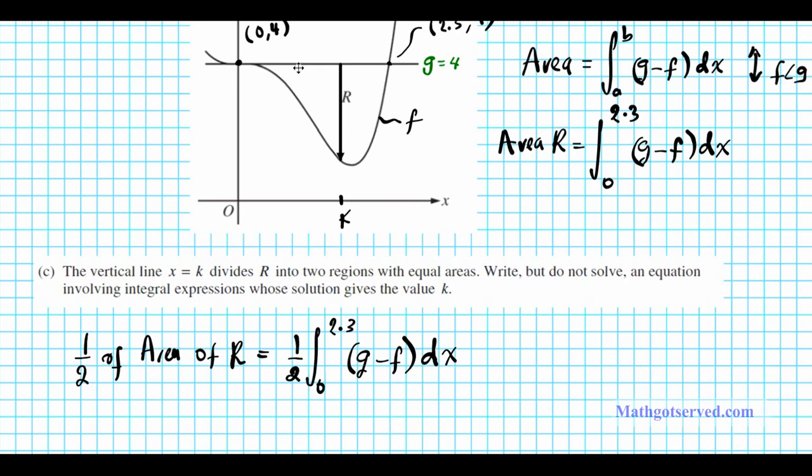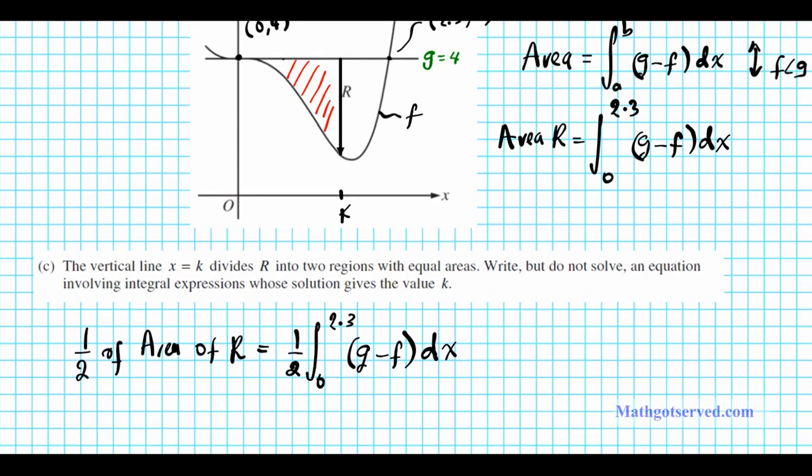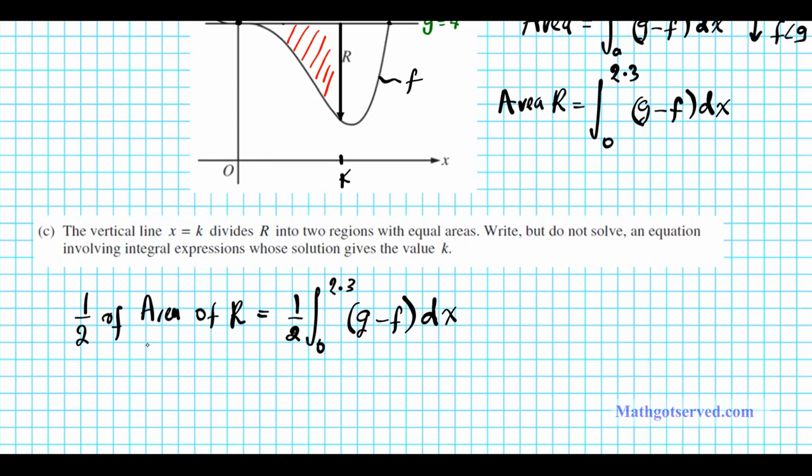Okay, so how can we represent this area using an integral expression? That is not difficult at all. So that's going to be the area we're going to plug into the left side. This area right here is equivalent to 1/2 of the area of region R. So it's going to be a definite integral, of course, from 0 to what?